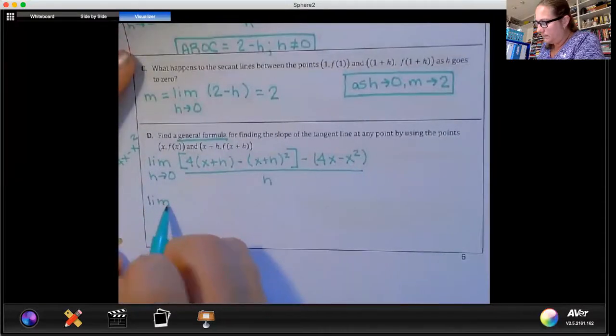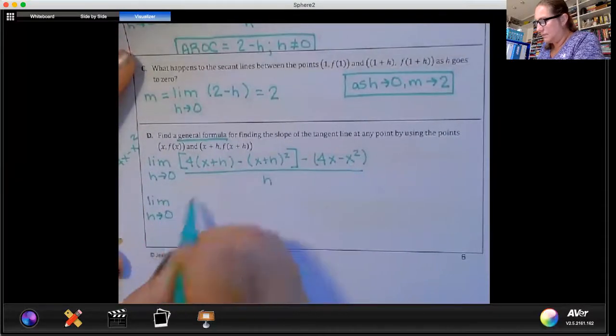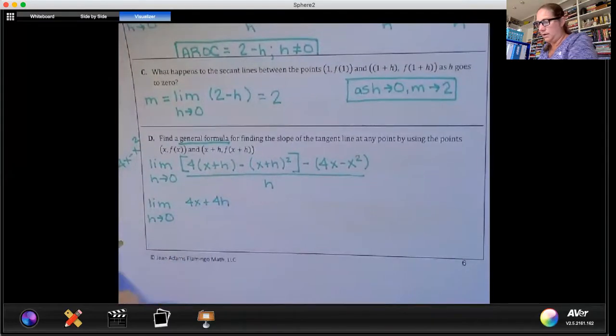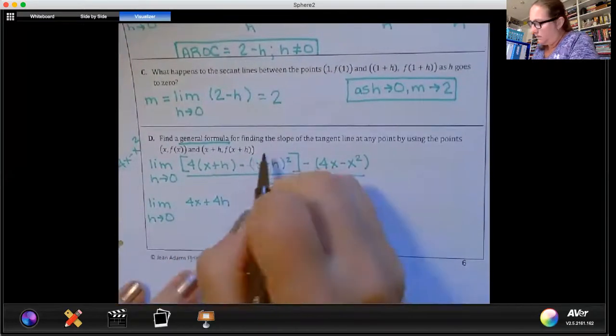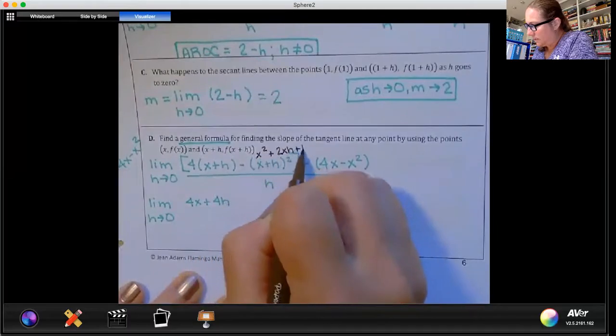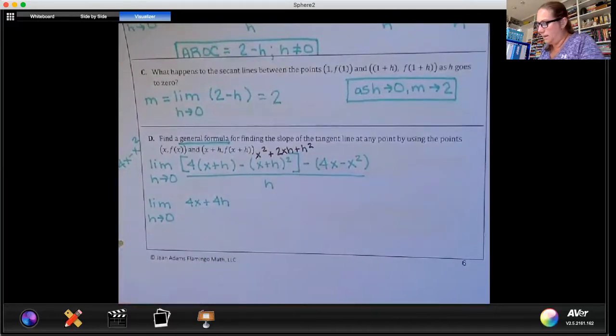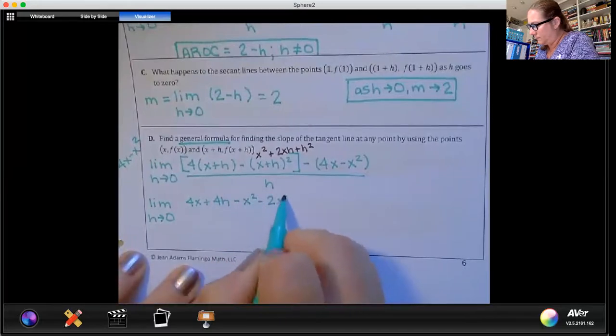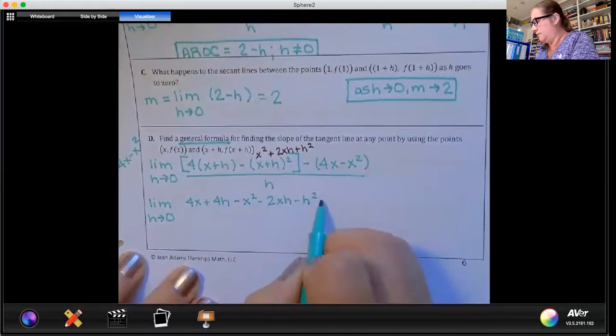So the limit, as h approaches 0, we're going to clean this up a little bit. 4x plus 4h. Okay, I'm going to do my FOIL method here. x squared plus 2xh plus h squared, so that I can distribute my negative. And distribute my negative again.